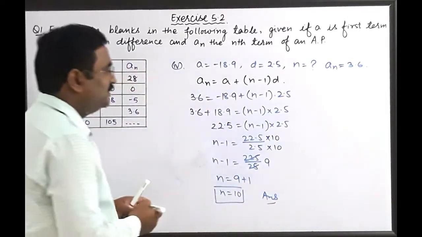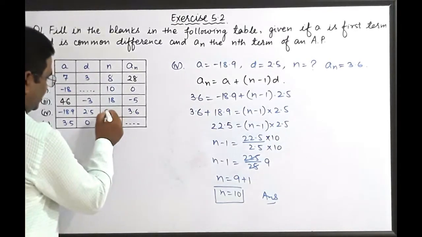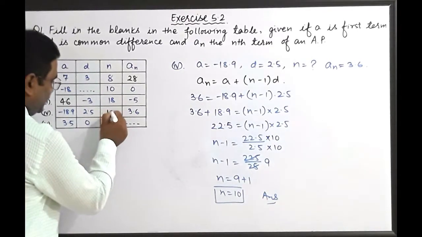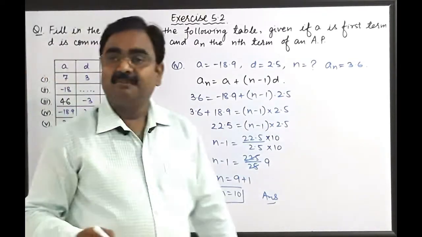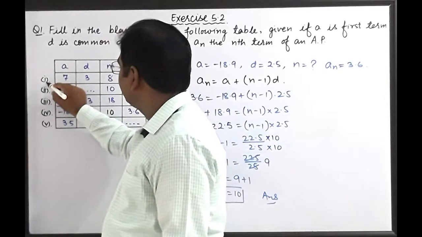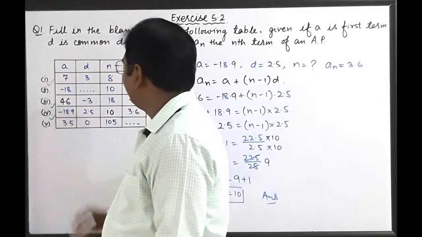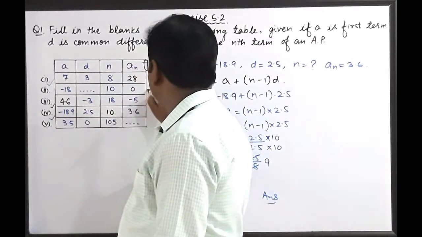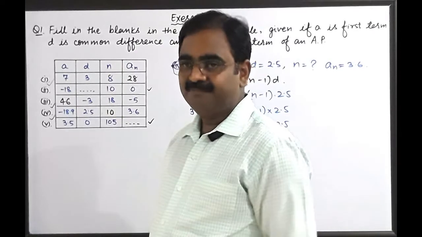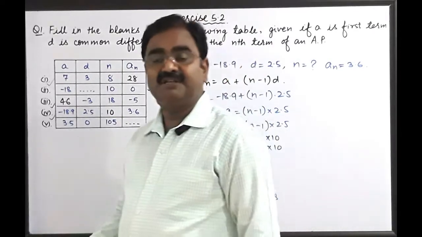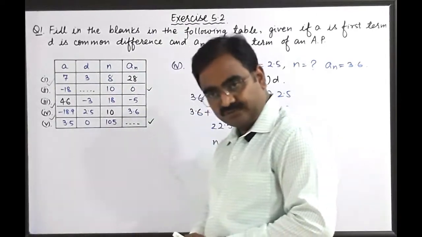So in this blank we have to substitute n equals 10 terms. So children, we have solved part number first, part number third and part number fourth. You have to solve the second and fifth part, which is very easy, right? And if you are facing any difficulty, let me know. I'll give you the solution of those questions also.